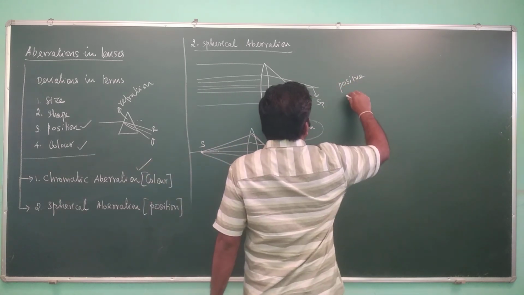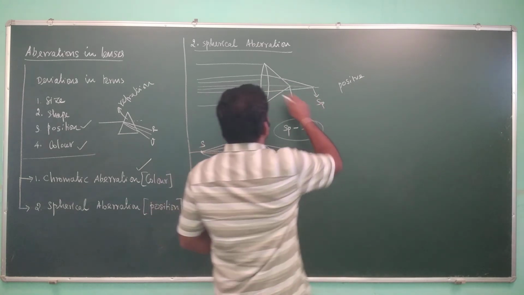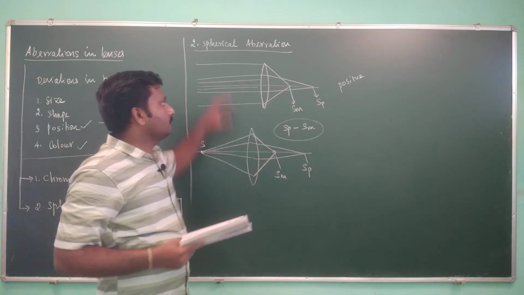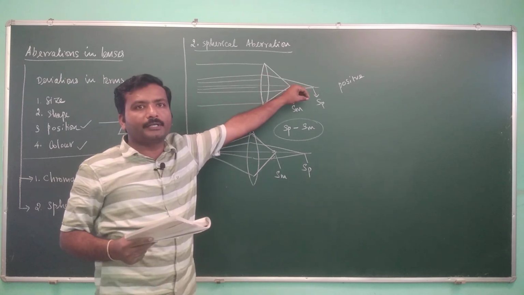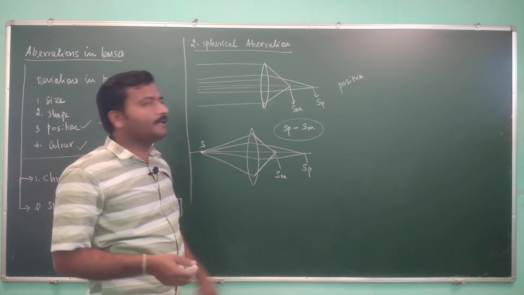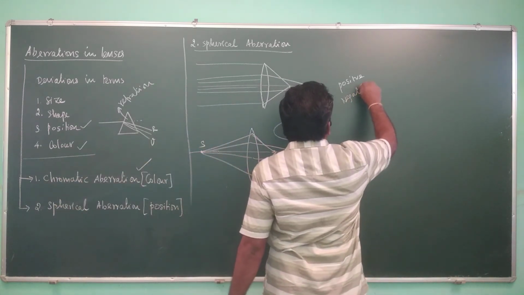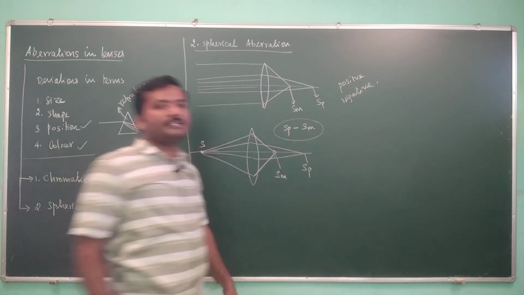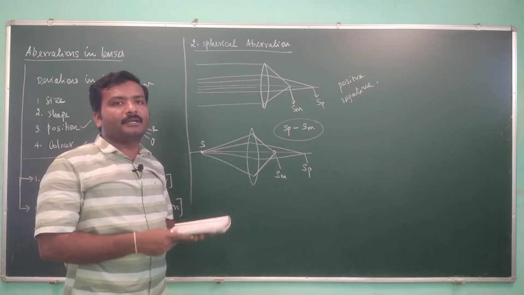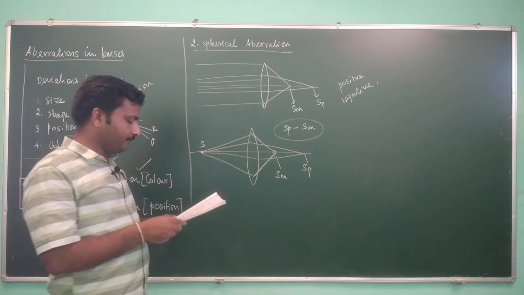This is for the light focusing into a point, right? Converging lens. If it is a diverging lens, that is a concave lens, then this aberration is said to be negative. For a convex lens, the spherical aberration is positive. For a concave lens, the spherical aberration is negative.